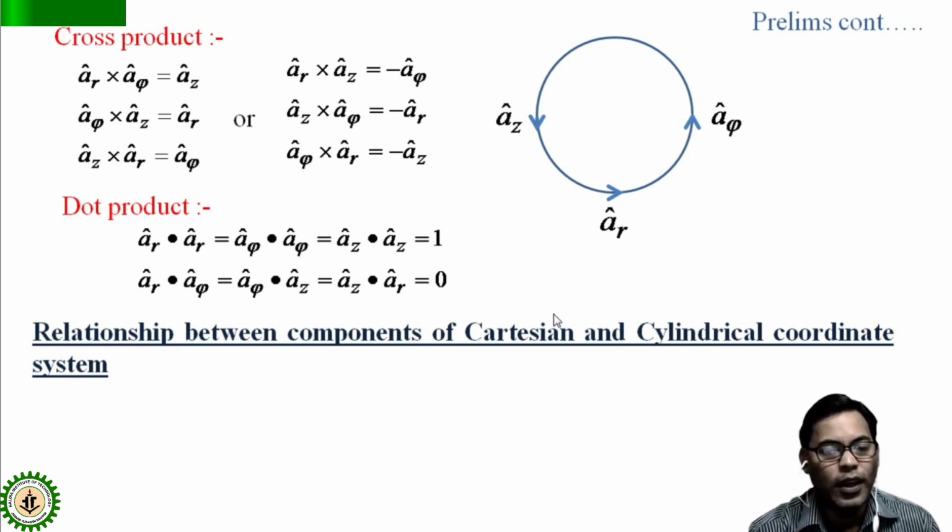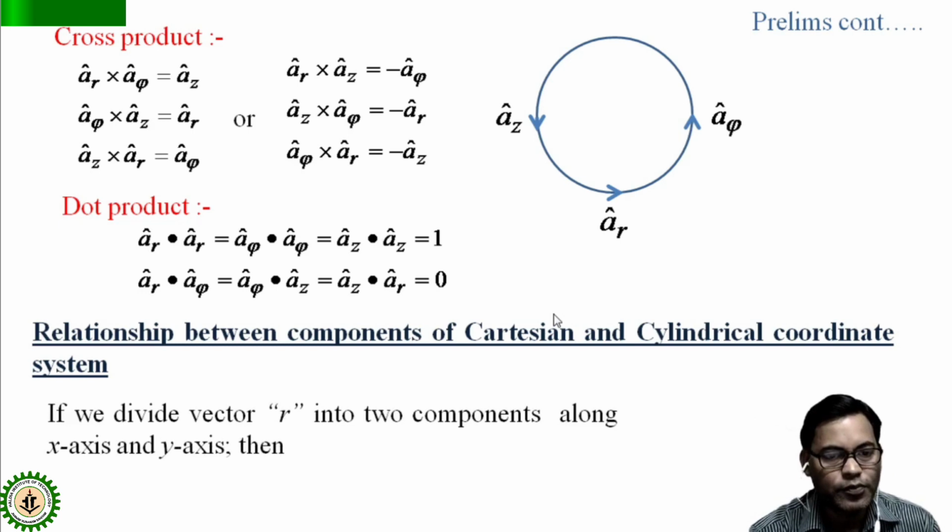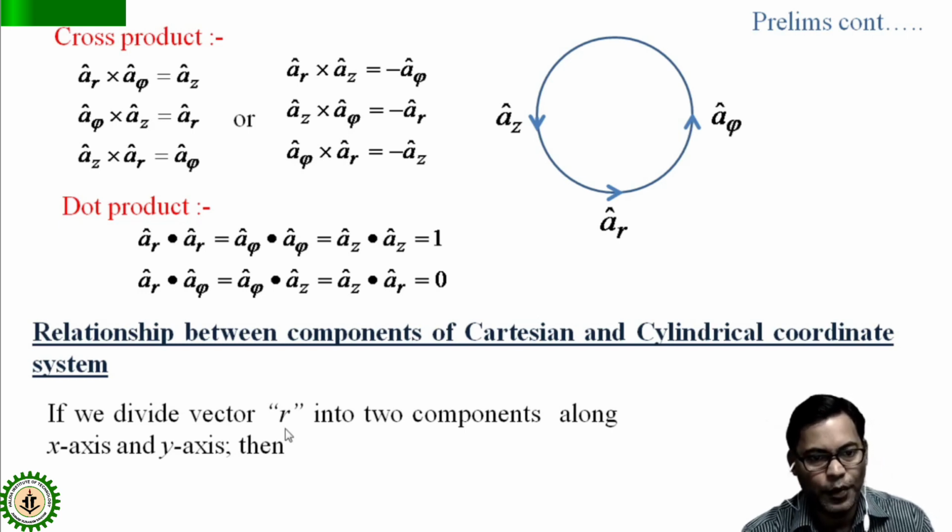That is why here we are going to see how to transform a problem from one coordinate system to the other. If we resolve the vector r, we will see in the next page the diagram.